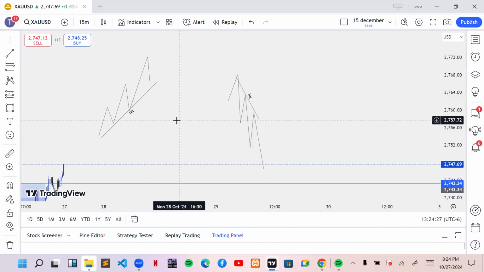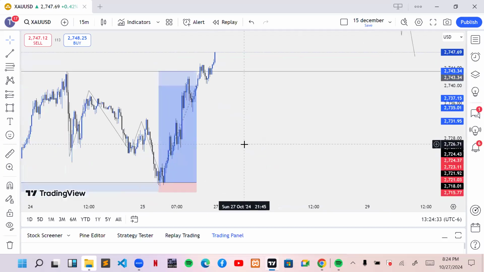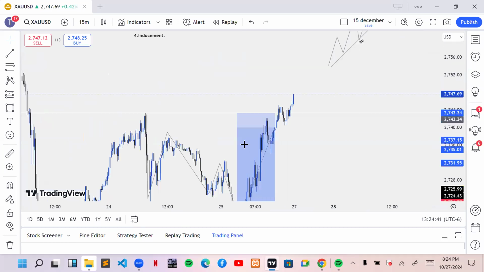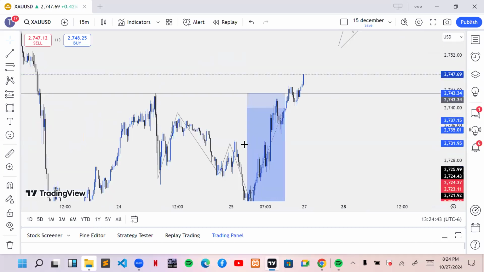So these are the types of liquidity: the trend line liquidity, the uptrend and the downtrend. Knowing the pattern the market is following at that particular moment as it approaches your point of interest will tell you exactly where to take your profit.